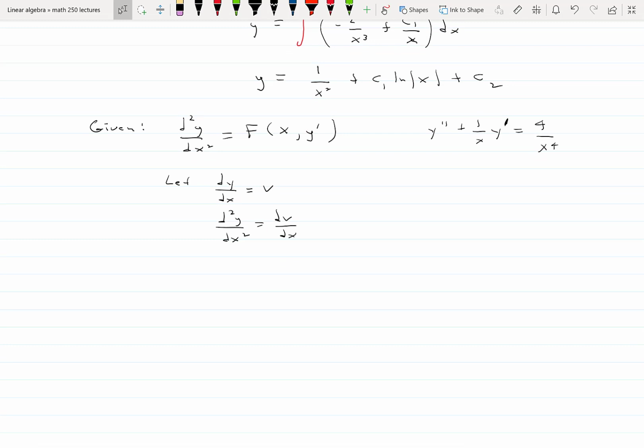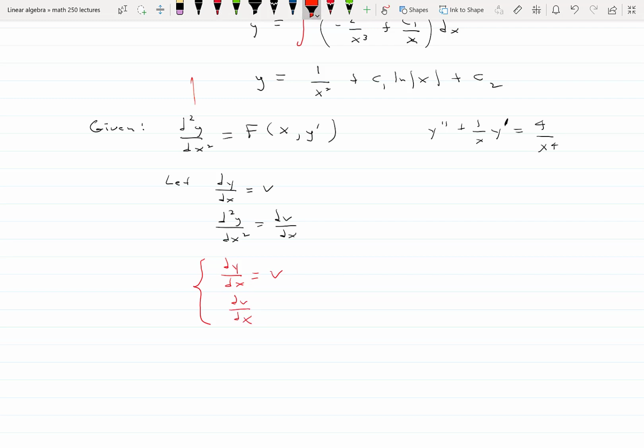When you make the substitution, it reduces the original differential equation to a pair of differential equations to solve. The first equation, of course, is dy dx equals v. That's the substitution, but we can't solve that until we know what v is. And when we make the substitution, the second derivative becomes dv dx.